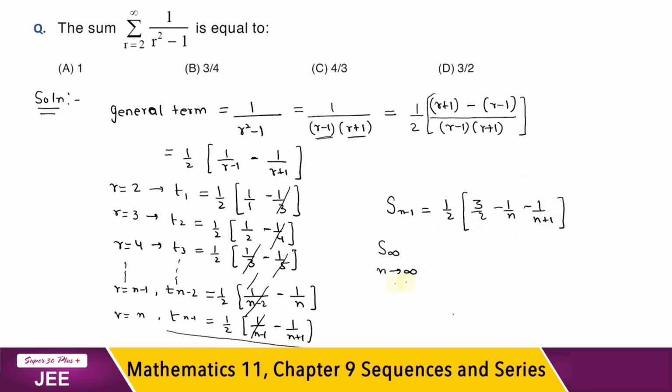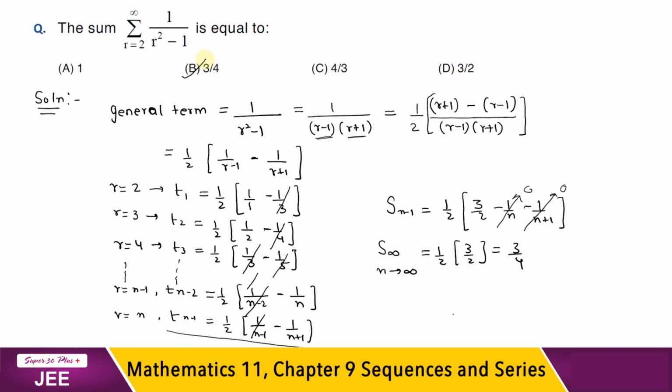So when n approaches infinity, this term vanishes and this term also vanishes, because 1 divided by infinity approaches 0, and this will approach 0 in a similar fashion. So the answer comes out to be 1 by 2 multiplied by 3 by 2, which is equal to 3 by 4. So the correct choice corresponding to this question is choice B, and this is 3 by 4.